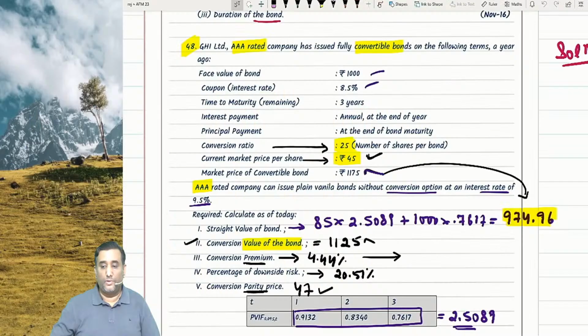I'll show you from my book. You don't have this one, but I have given you 2 examples. We'll discuss that also. Don't worry.